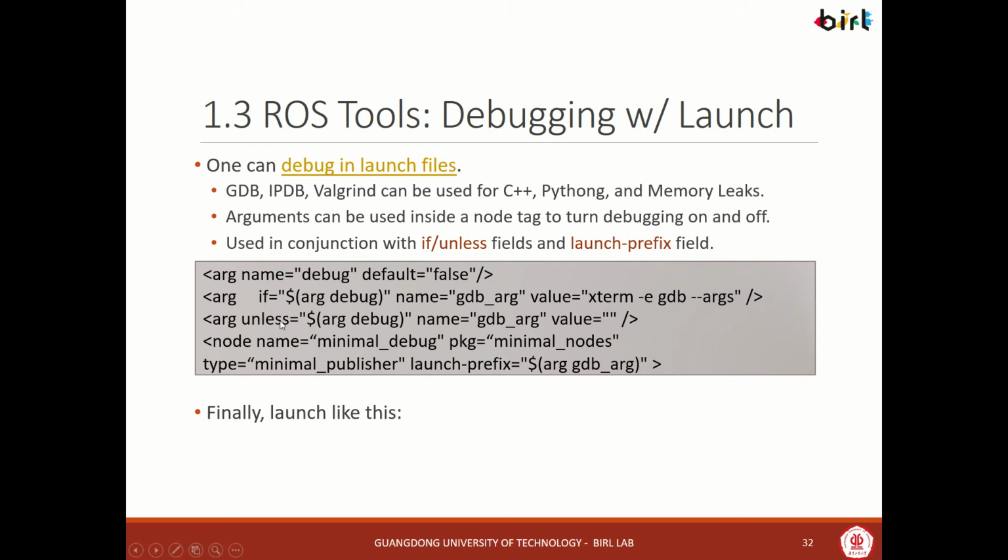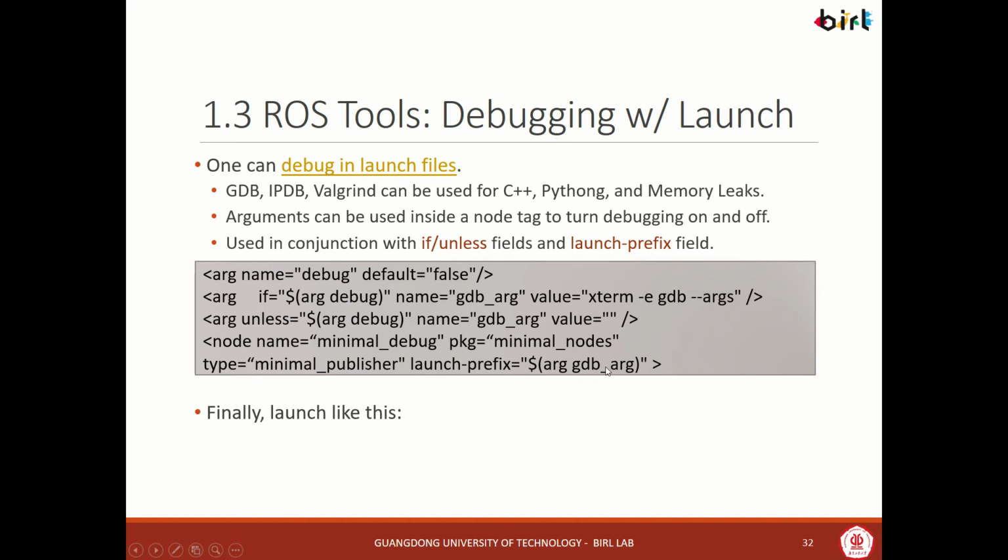Okay, so the unless is if that is not the case, then we have nothing here. But then in your node you might have minimal debug, minimal nodes, minimal publisher, and then here you have launch prefix with the value of GDB arg.